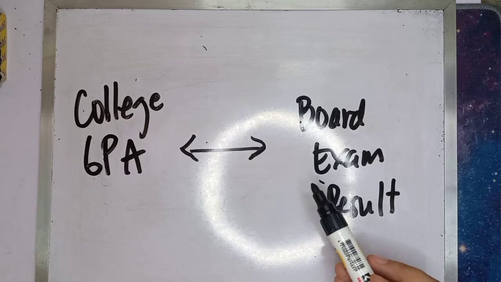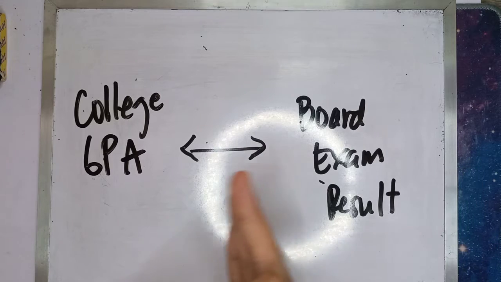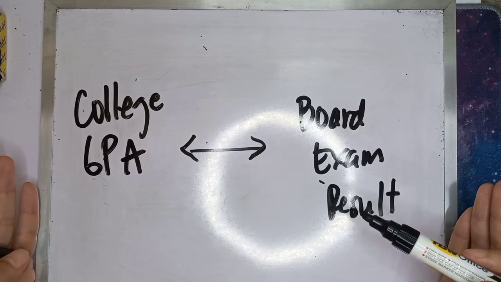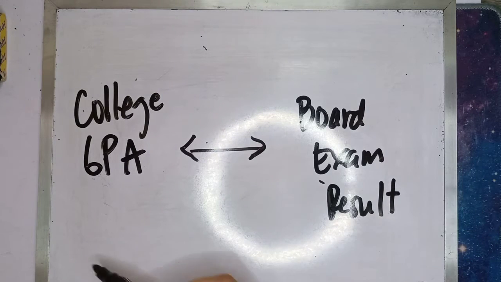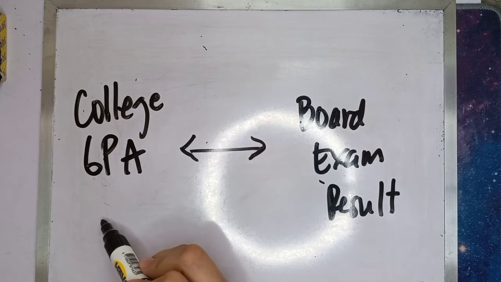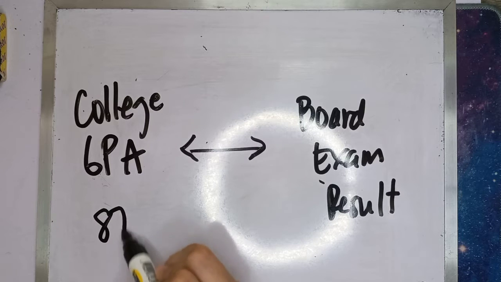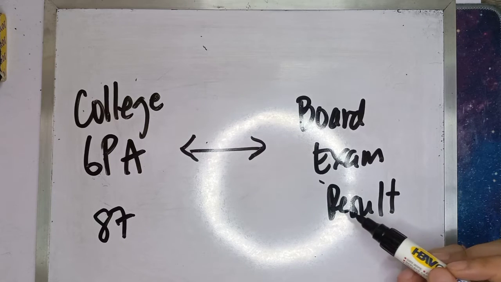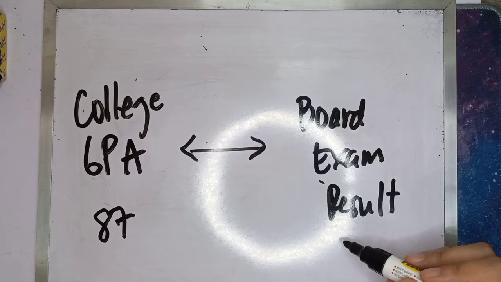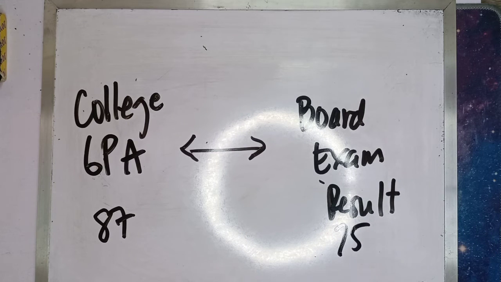So, in this instance, pag nalaman natin na they are correlated at kinompute na natin yung kanilang regression, malalaman natin na okay, if ang kanyang average would be 87, more likely ang board exam result niya would be, sabihin na natin na 75. Okay, so yun yung nagagawa ni linear regression.